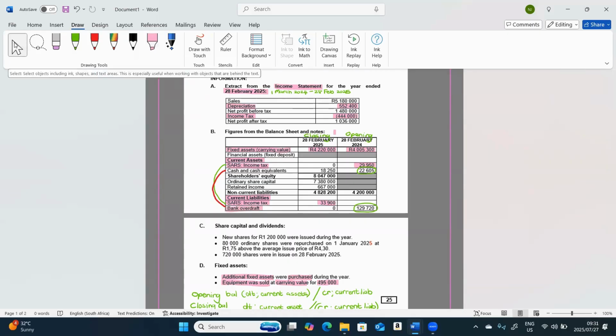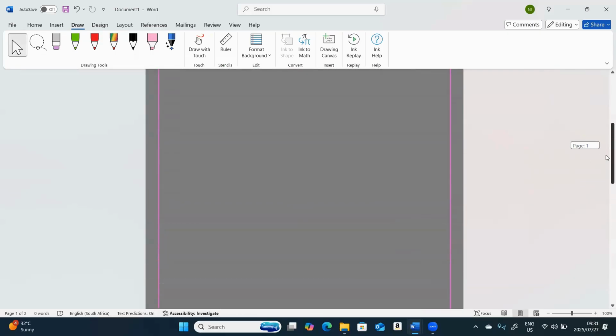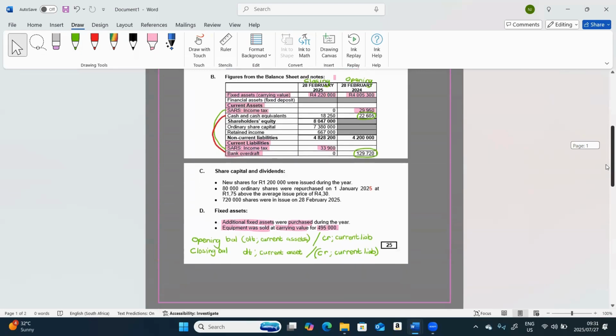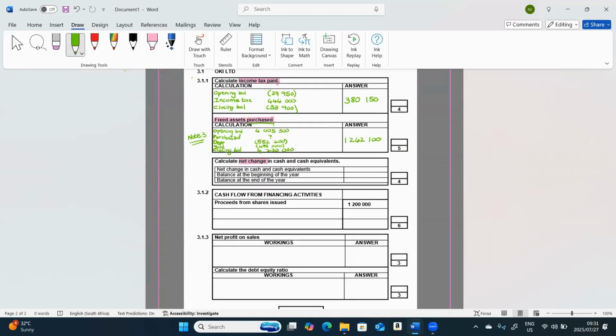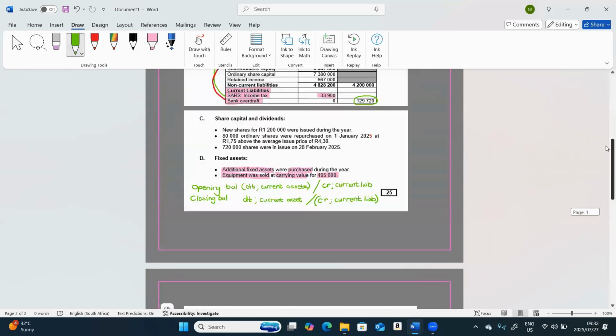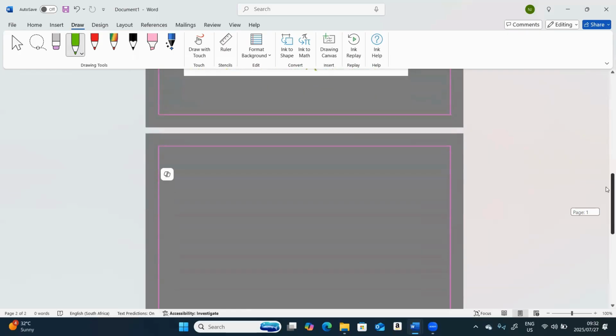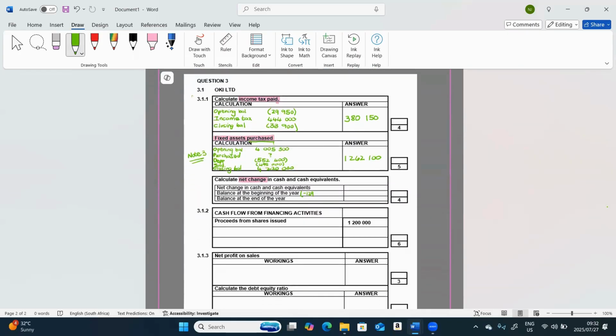So in your calculator, or you can actually go ahead and show the calculation over here. So you are going to say negative 129,720. So quickly show the calculation to the marker over here. So at the beginning of the year, we have a negative 129,720. Okay. That was a negative amount, right? That was a bank overdraft.